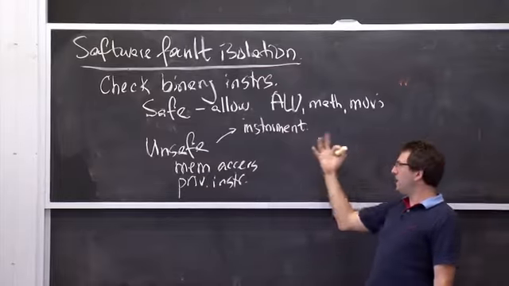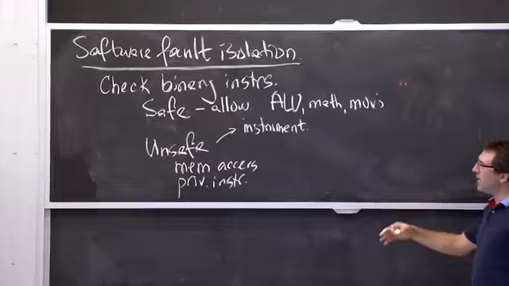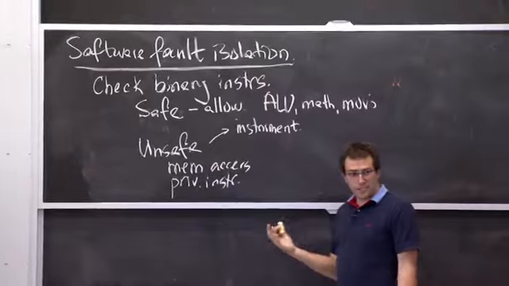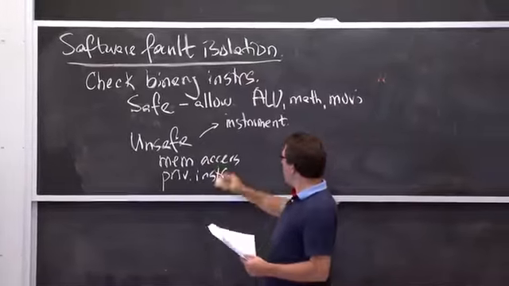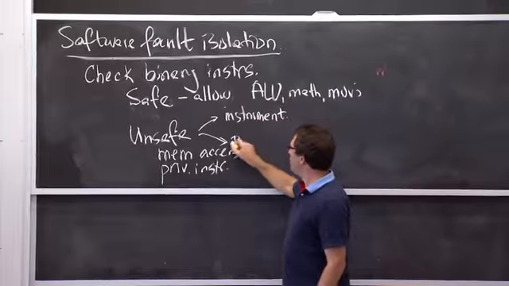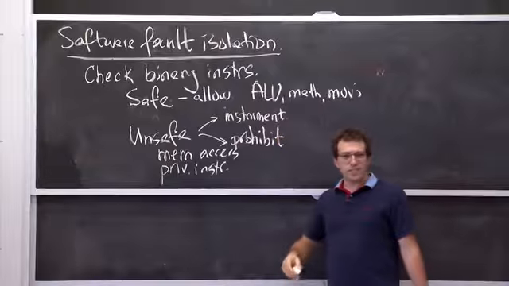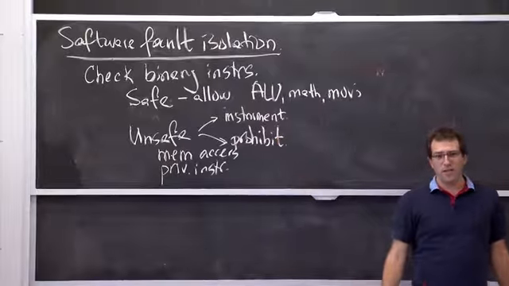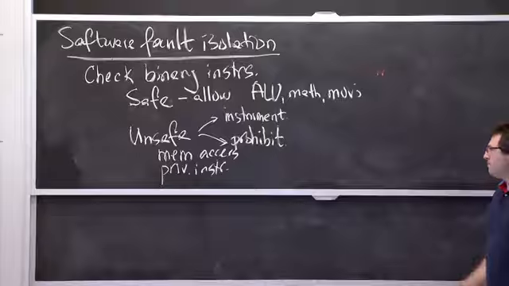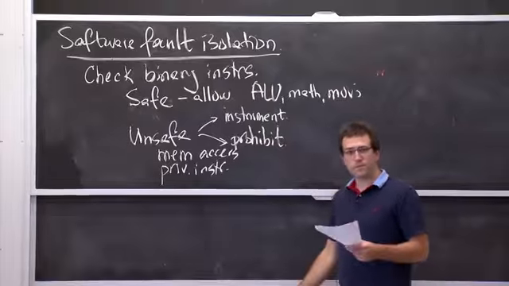This is their sort of big idea for enforcing safety without support from the operating system at some level. And I guess for other unsafe instructions, they don't instrument all of them. Some of them they actually prohibit if they believe that this is an instruction that's not really necessary during normal operation, and if an application tries to run it, we should just kill the application or not allow it to run in the first place.